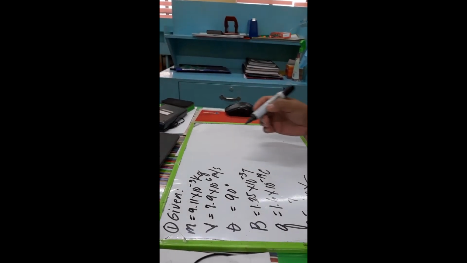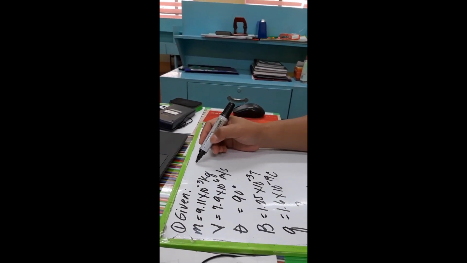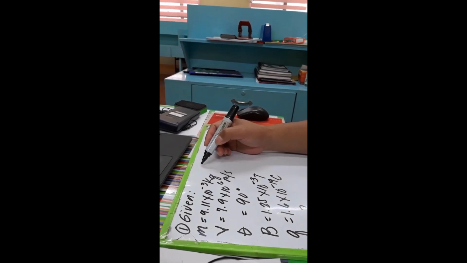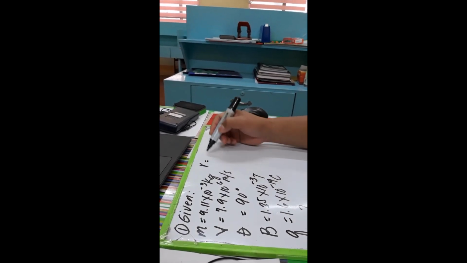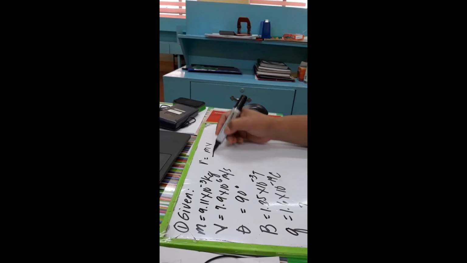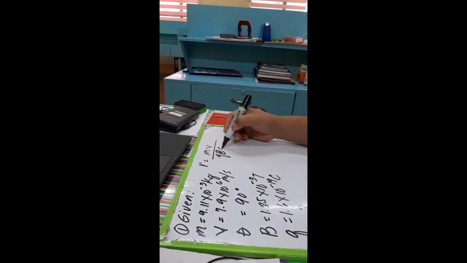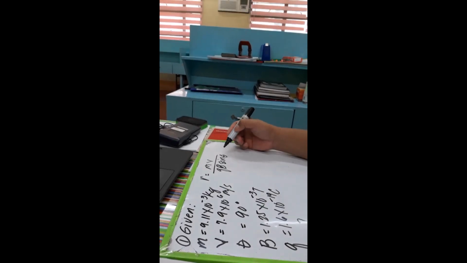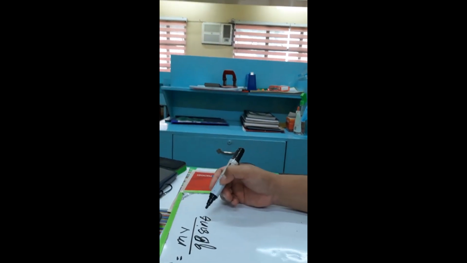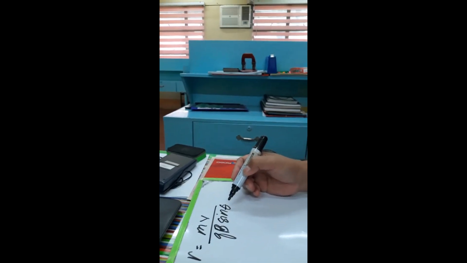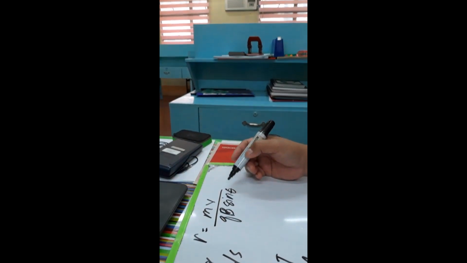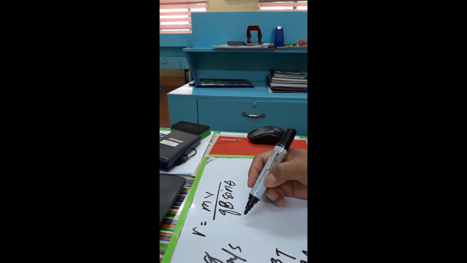So next, we have to substitute now. So R is equal to mv over q b sine theta. Okay, so let us try to substitute now our given to the formula.